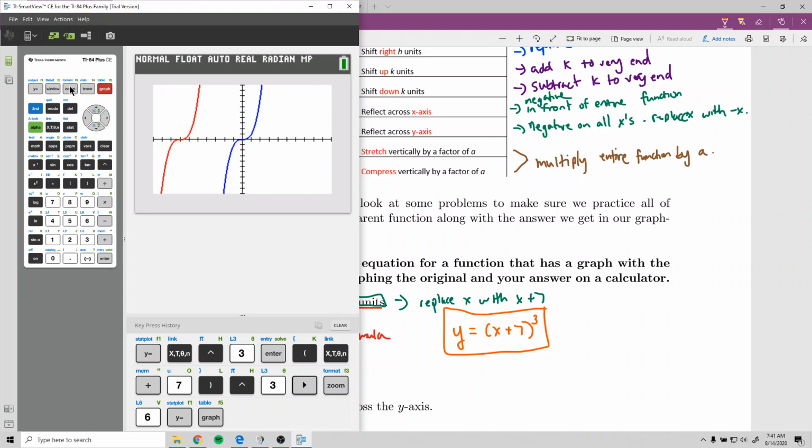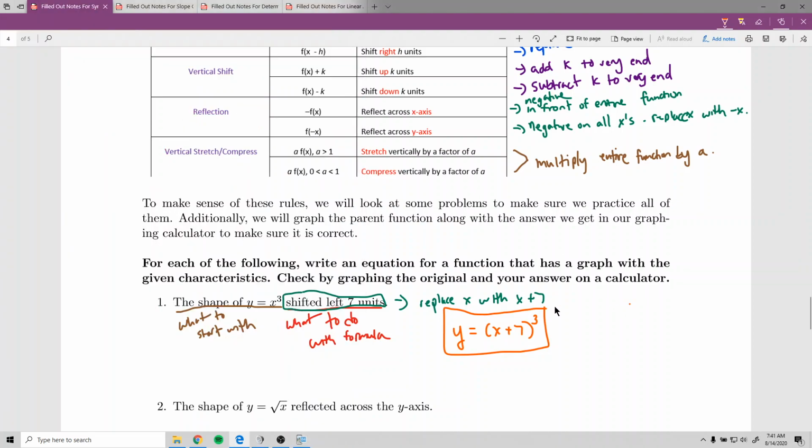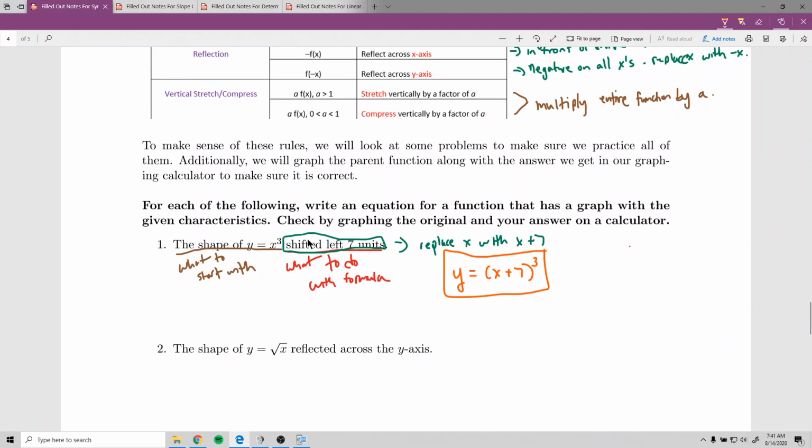So that's a way a calculator can help you, but you don't want to just not try to memorize this chart and then go into this thinking you can use your calculator, because you might not remember how to change the formula. There's a lot of options here.